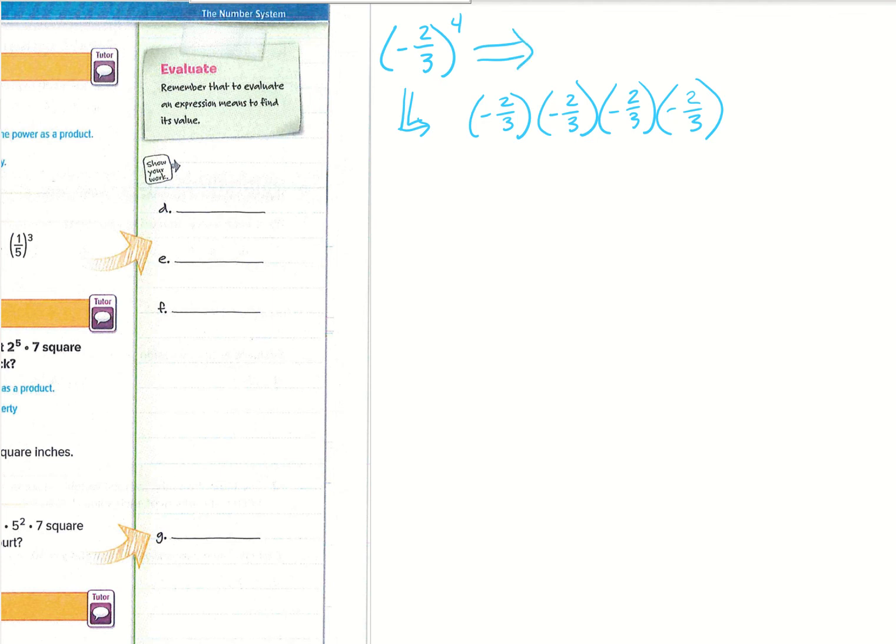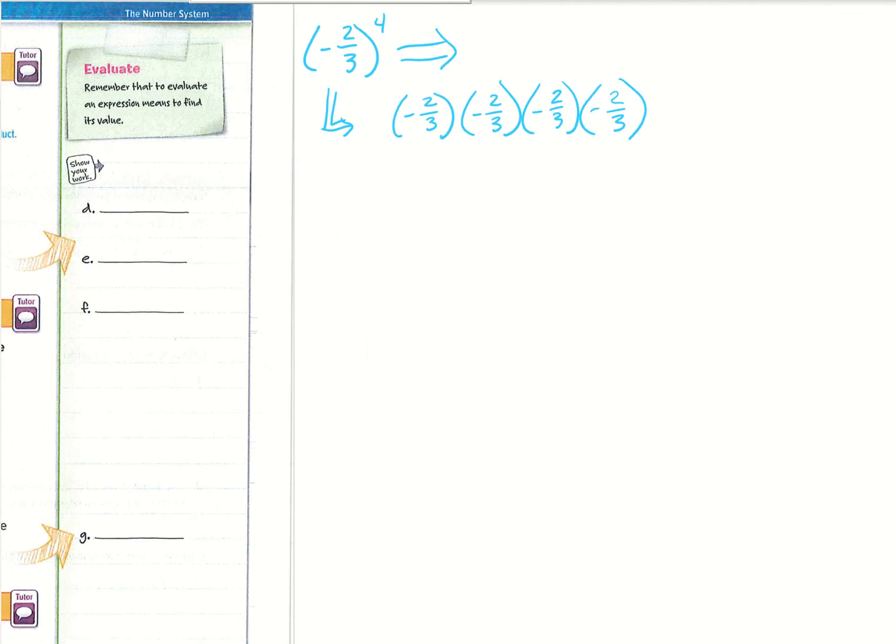And then the last way that you can do this is you can actually take this number in the calculator and you can do negative 2 to the 4th power, okay, and then do 3 to the 4th power, okay, that'll give us negative 2/3 to the 4th power, okay, and then just simplify that.